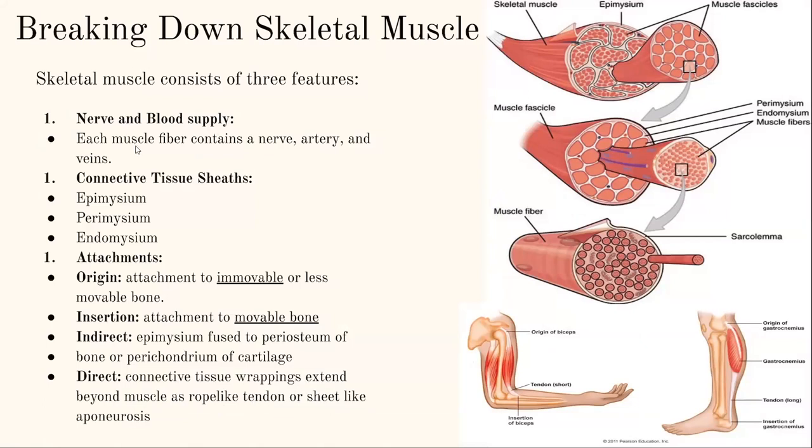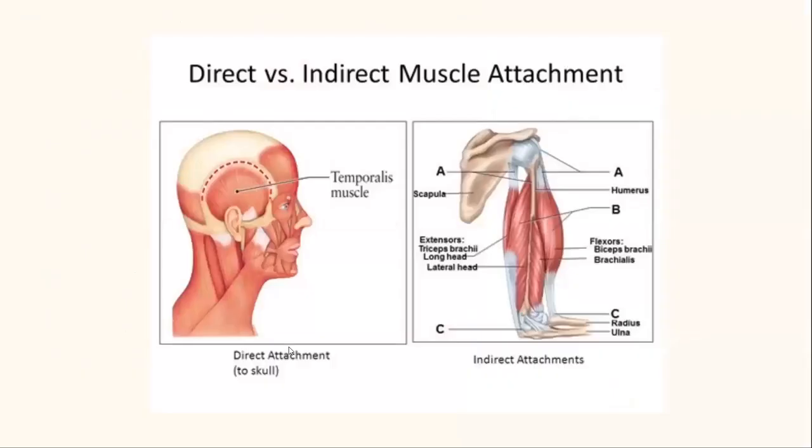And indirect would be like the epimysium, how it's all fused into one. So it turns into the epimysium, and then once it gets down to the bone, it's fused to the periosteum of the bone, and then it gets down to the cartilage, and that turns into perichondrium. So here's a picture of the indirect attachments.